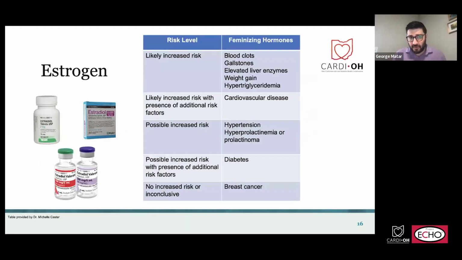So we talked about hormones. I wanted to break that down a little bit more just so we can see what the risks are. So starting with estrogen, estrogen has different formulations that can be given to the patient. So there's oral estrogen, there are transdermal patches, and intramuscular injections of estrogen.